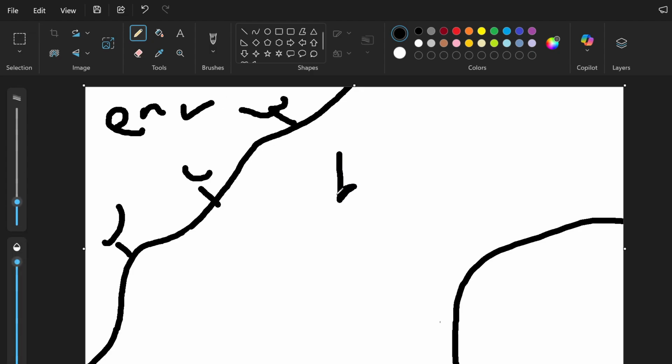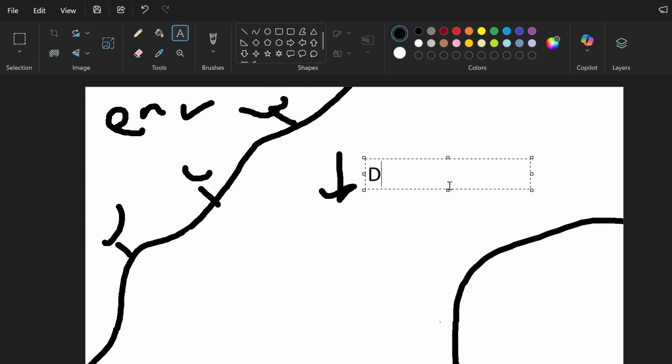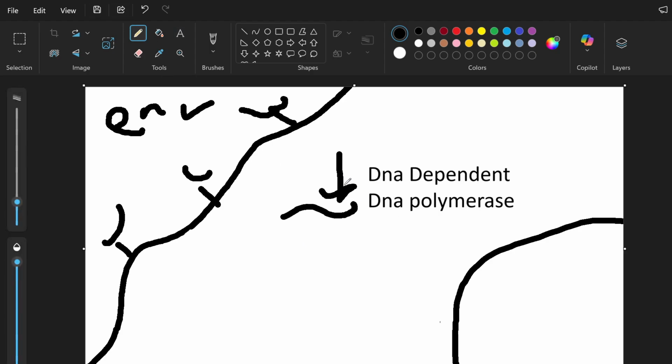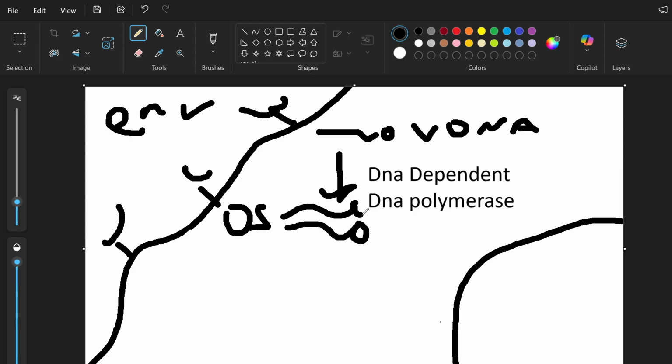This undergoes one more thing, which is DNA-dependent DNA polymerase. I'll type this out, my handwriting's not that good. Now remember we had the viral DNA here. This allows for a double-stranded DNA to form.